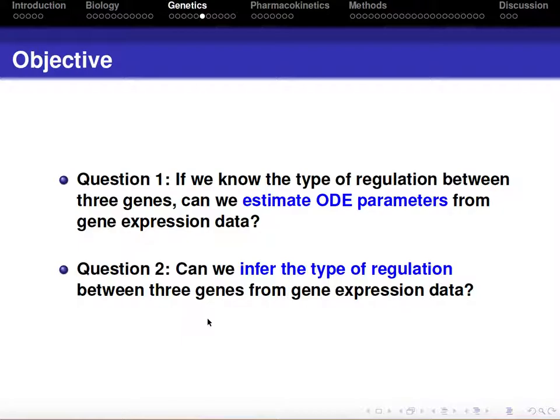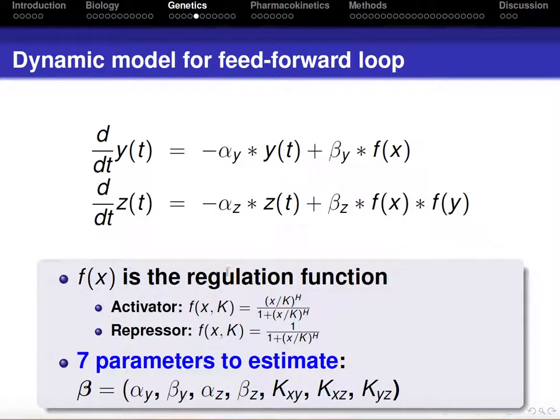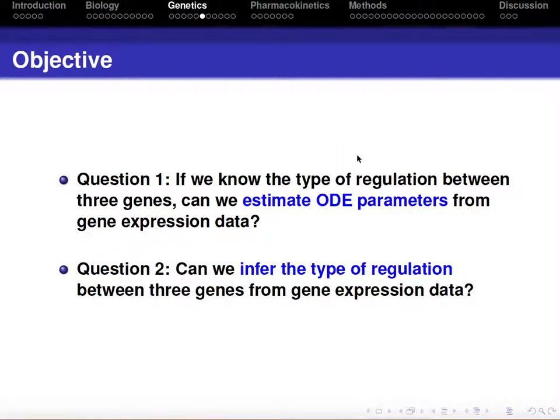And we know these parameters have biological interpretations. For example, alpha y is the self-regulation rate of y to itself, and beta y is the regulation rate of gene X on y. So this is the first question.